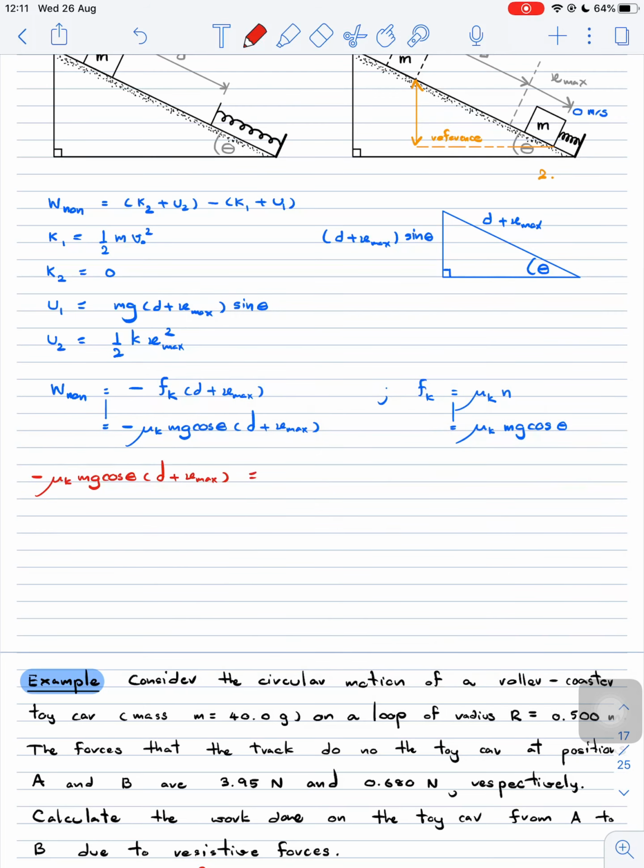This equals K2 plus U2, where K2 equals 0 and U2 equals this one, 1/2 k x max squared, minus K1 plus U1, where K1 equals 1/2 m v0 squared and U1 equals this value, mg times D plus X max.